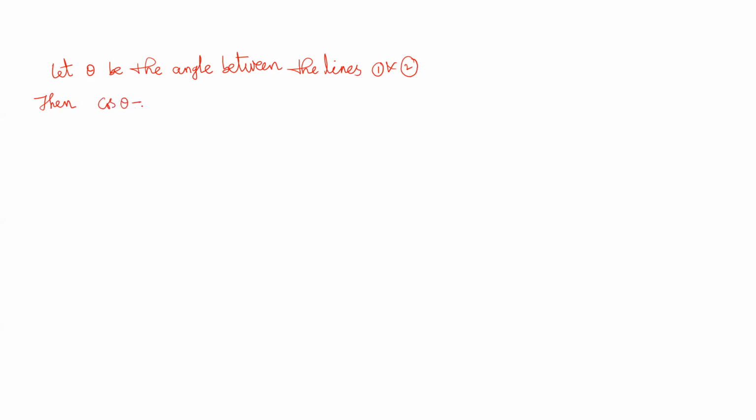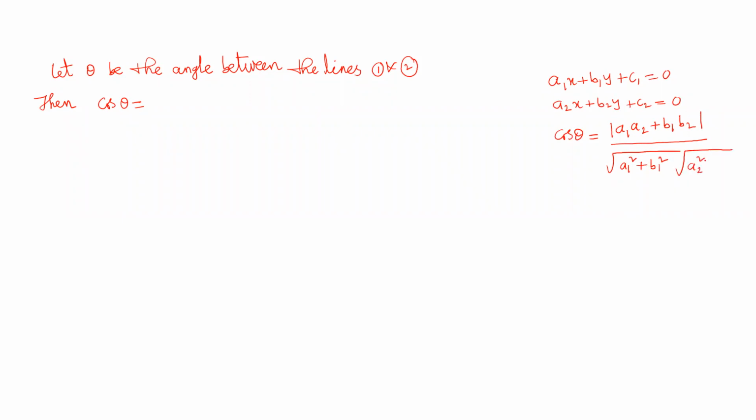See, if the lines are a1x plus b1y plus c1 equal to 0, a2x plus b2y plus c2 is equal to 0. From straight lines, angle between these two lines cos theta is equal to mod of a1 a2 plus b1 b2 by root of a1 square plus b1 square into root of a2 square plus b2 square is the formula to find angle between the two straight lines.